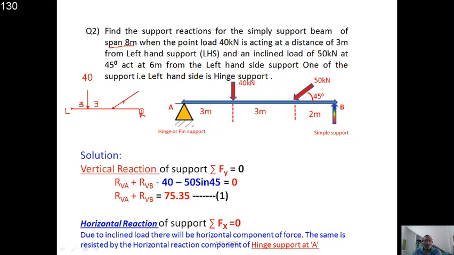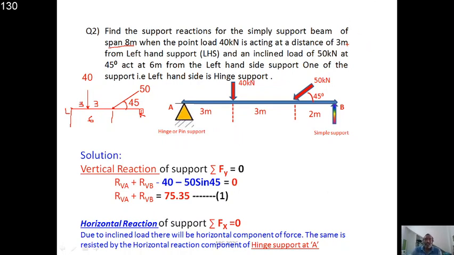This is what he is going to say: at 45 degrees it has 50 kilonewtons of load, and the distance is at 6 meters. So 6 meters, if I see from this to this, 3 plus 3, 6 meters. Right? So this is what he wants to say.